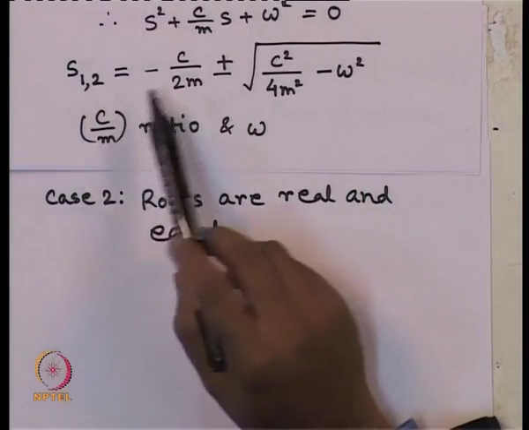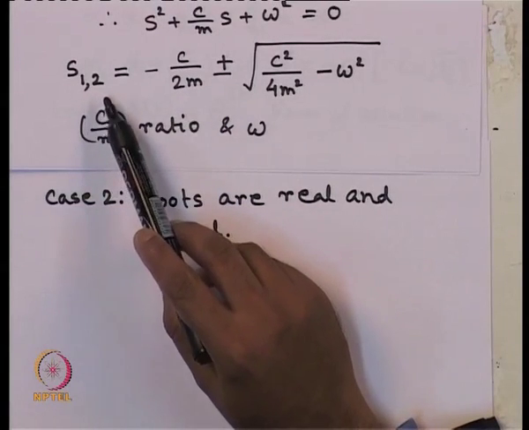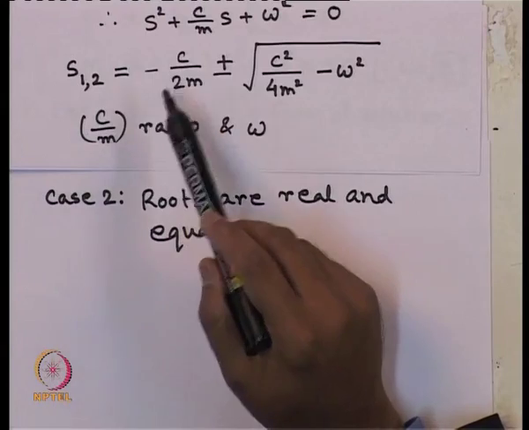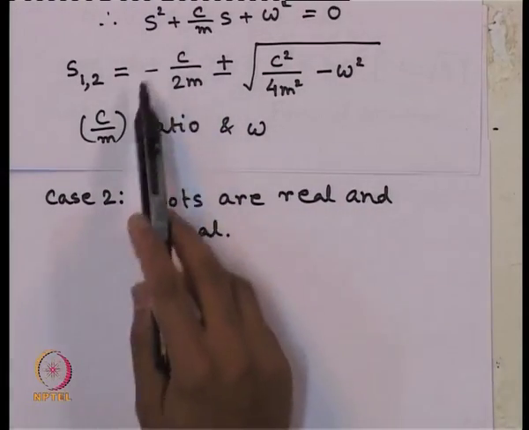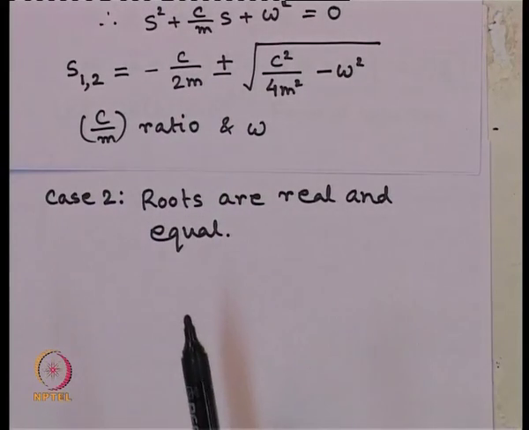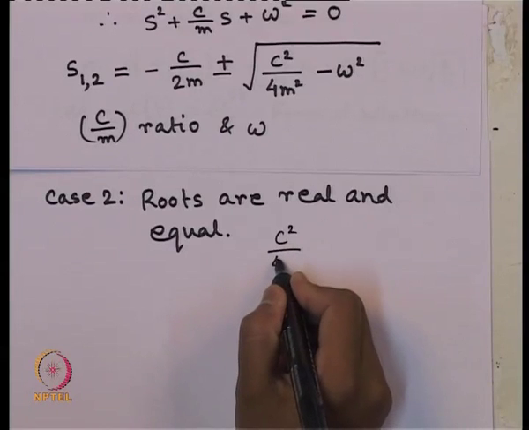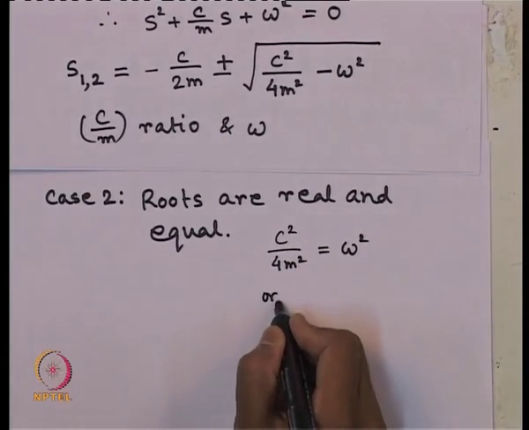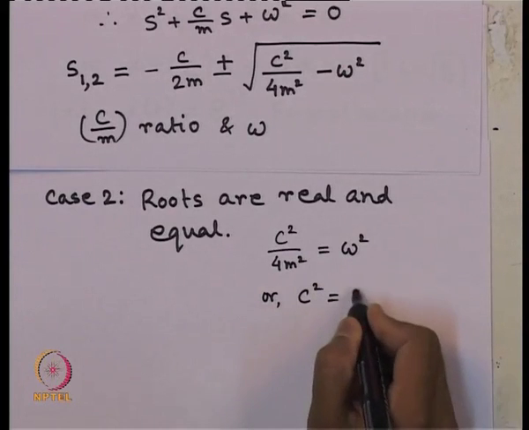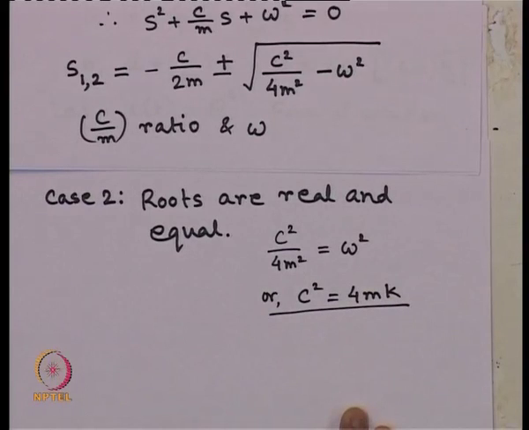Root 1 will be minus c by 2m and root 2 will be the same value, minus c by 2m. So, roots are real value and they are equal. The condition for this is c square by 4m square equals omega square, or c square equals 4 m k. This is the condition to have roots real and equal.